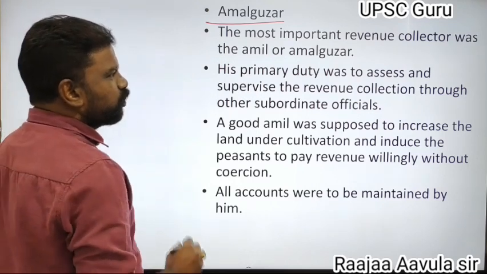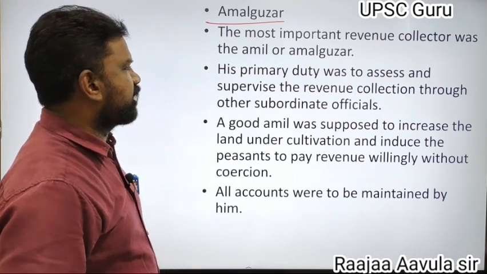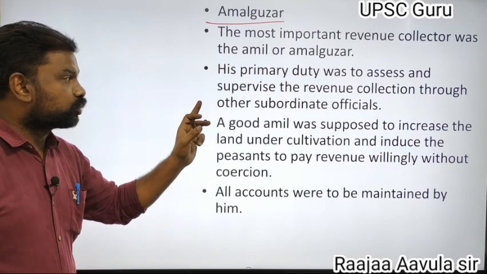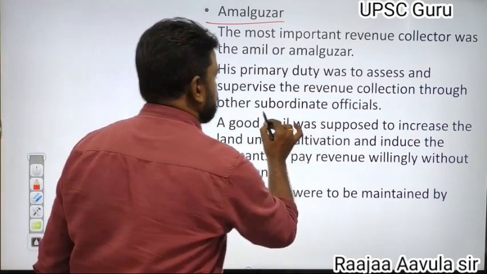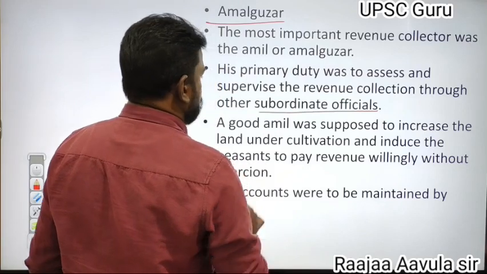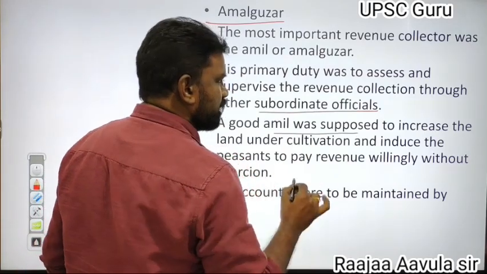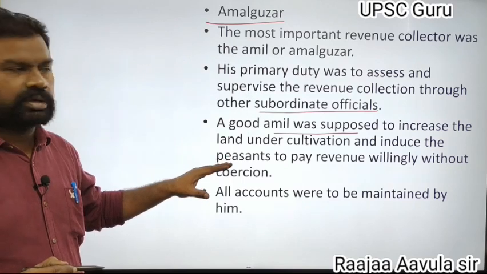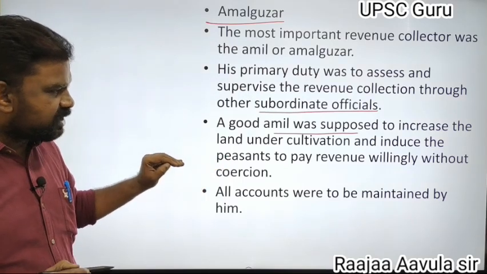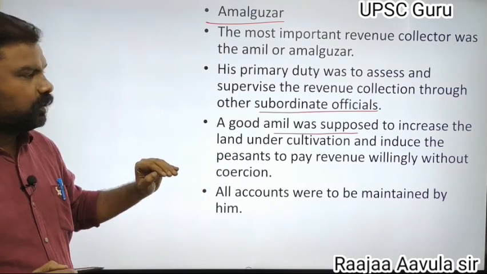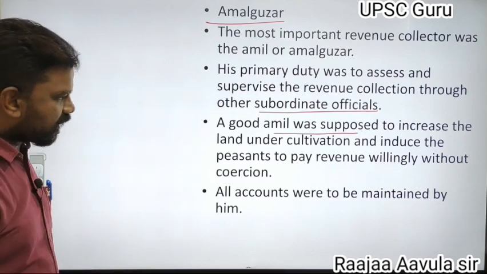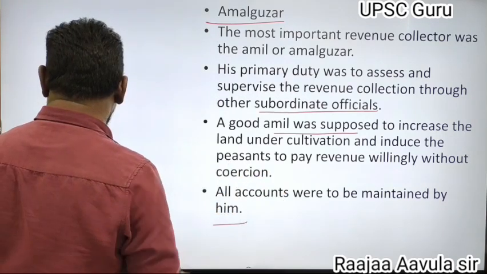His primary duty was to assess and supervise the revenue collection through other subordinate officers. A good Amil was supposed to increase the land under cultivation and induce the peasants to pay revenue willingly without coercion. The accounts were maintained by him.